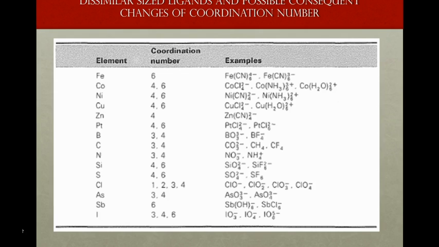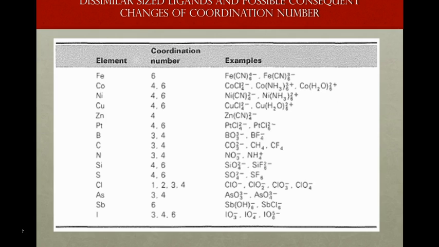Here we have a listing of possible ligands and their coordination number. Ligands vary in size, so the ability to place themselves around a transition metal decreases as the size of the ligand increases.